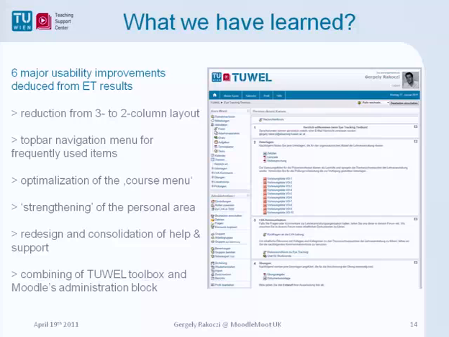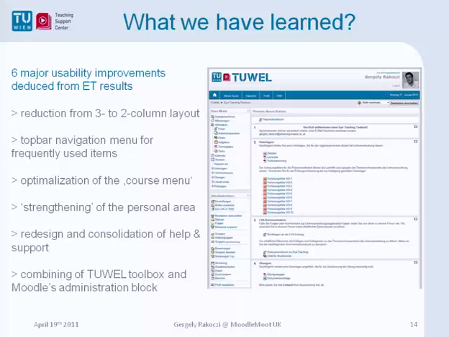But we found out that it was quite difficult for users to make a difference between these elements. What is Moodle core, and what is our own development? They have not really understood the difference between these blocks.